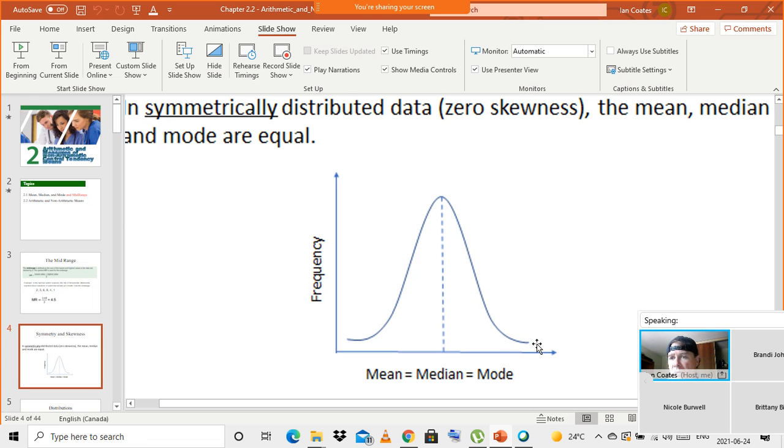And that's what we really want when we're talking about population statistics. You'll see here that 50% of the data is on this side, 50% of the data is on that side. One peak, right?